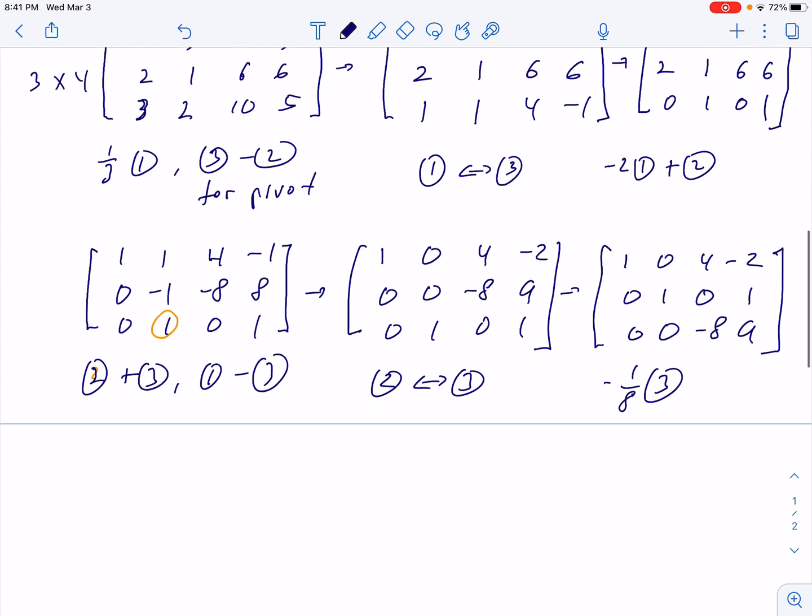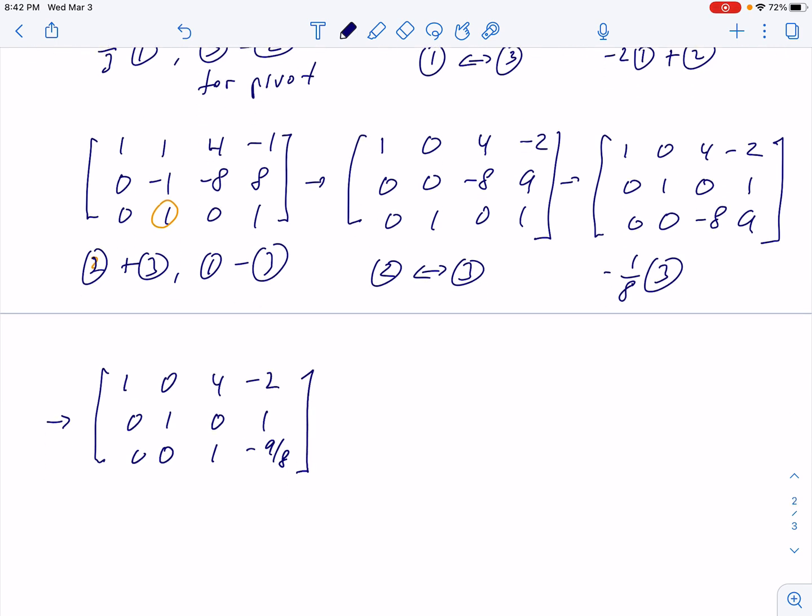So this is the only way I can make a pivot in the third column. We'll come to fractions. So the next position will be 1, 0, 4, negative 2, 0, 1, 0, 1, 0, 0, 1, and negative 9 eighths.